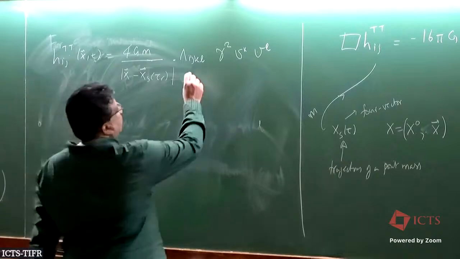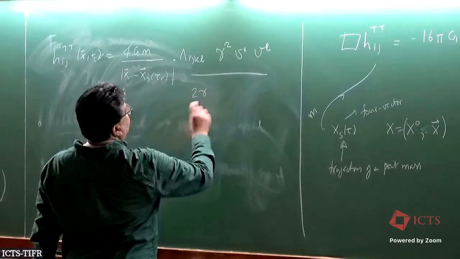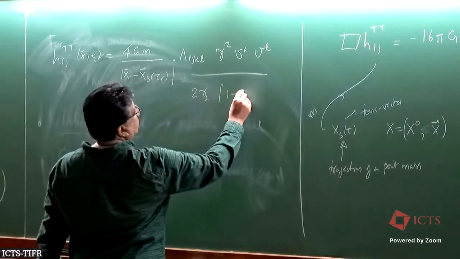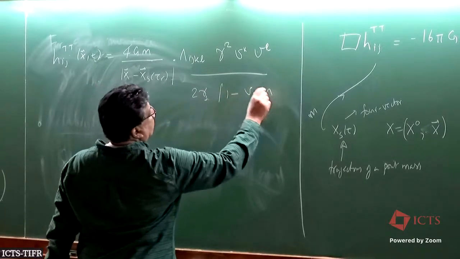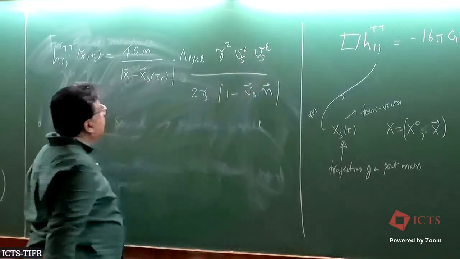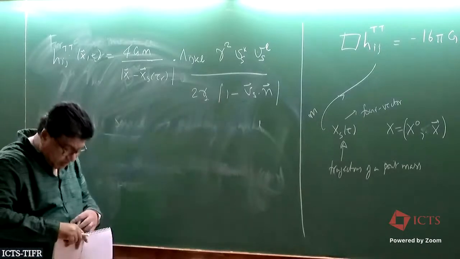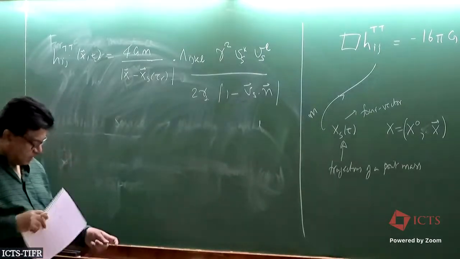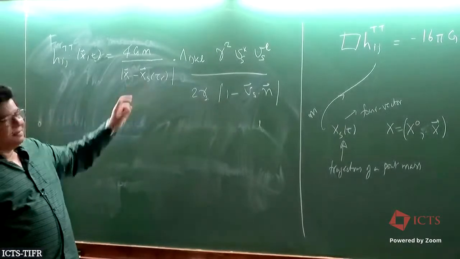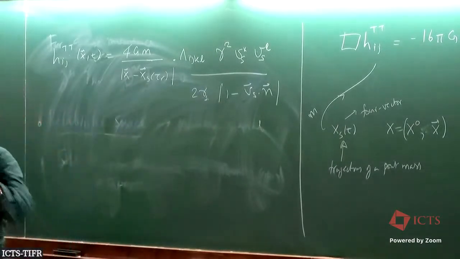And the denominator had a 2 gamma_s times 1 minus n dot V_s. So this is the source velocity, and this came out by pulling that factor out here. So that was the thing that you were asking.